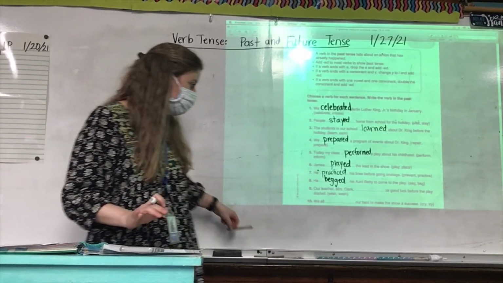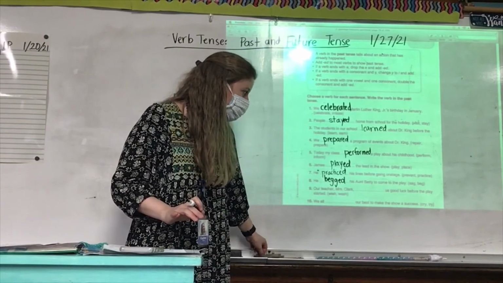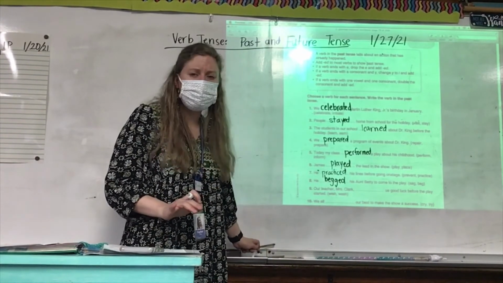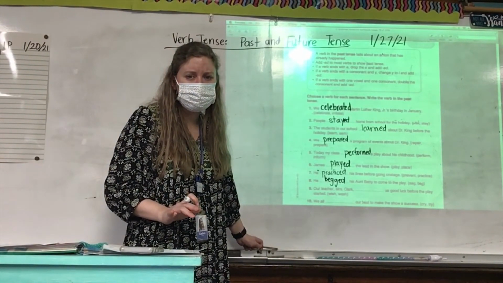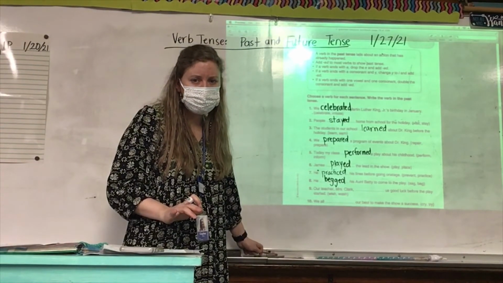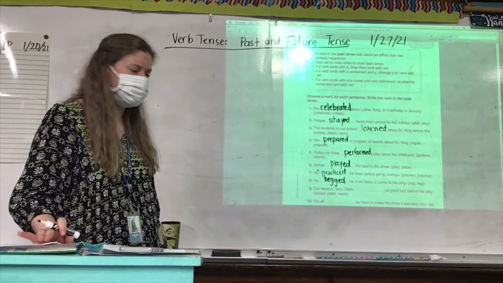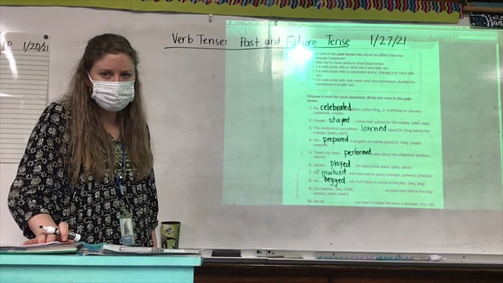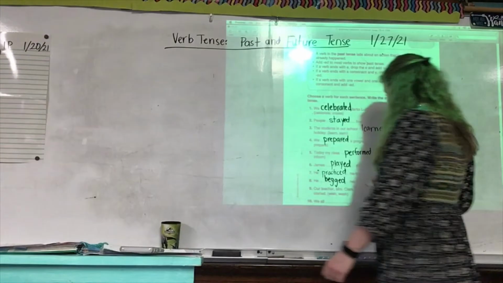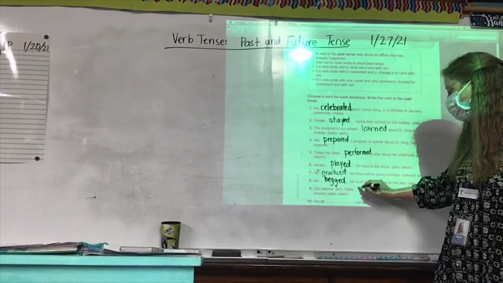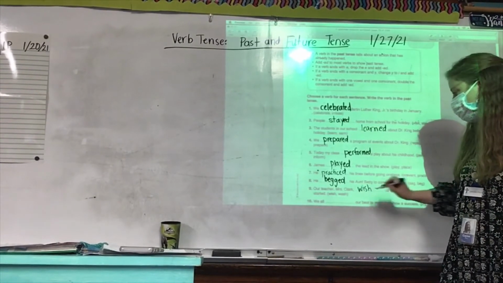Number 9, our teacher, Mrs. Clark, blank us good luck before the play started. Smith, did you get to do one of these yet? No. Okay. Is it wish or wash? Wish. And what do we do to make wish past tense?